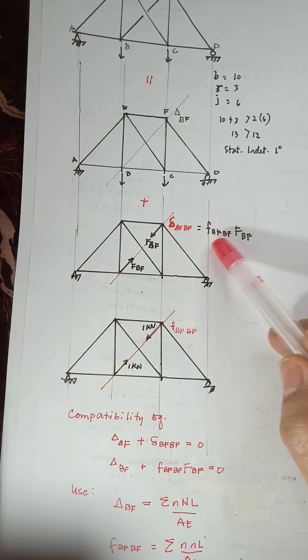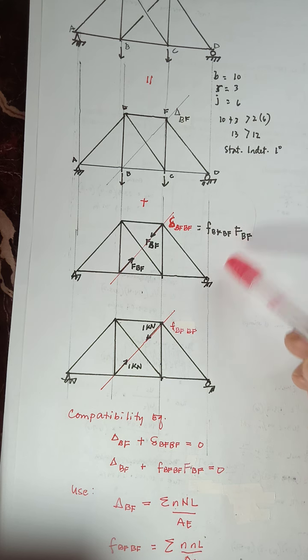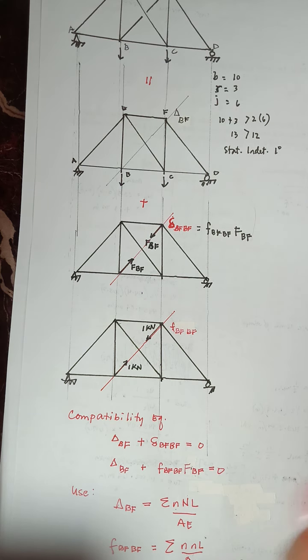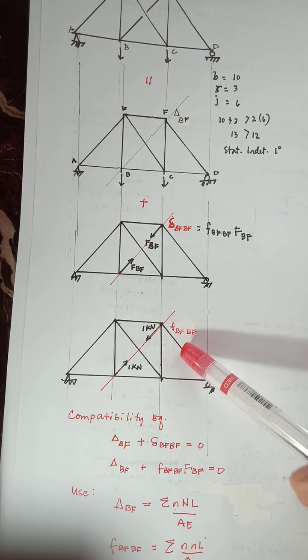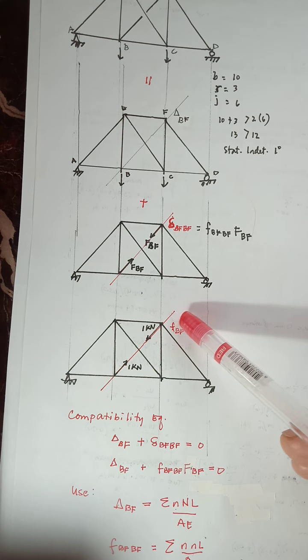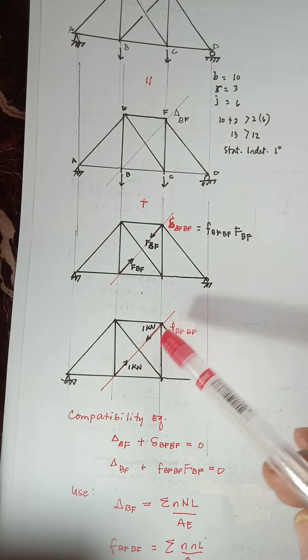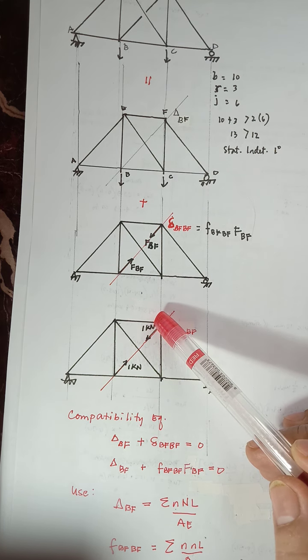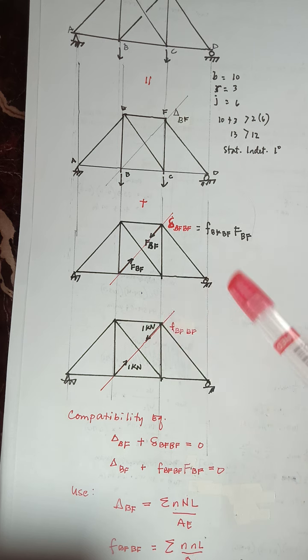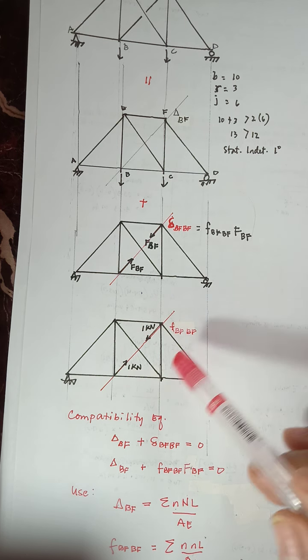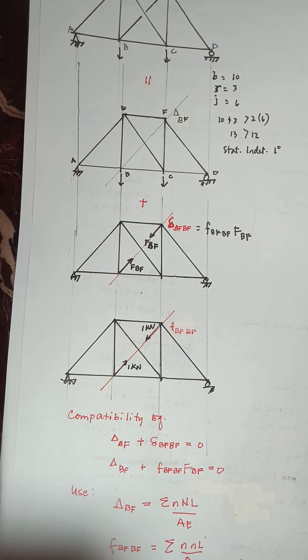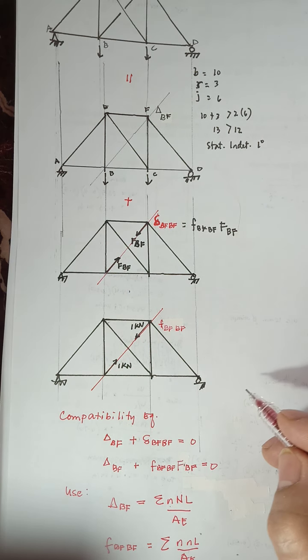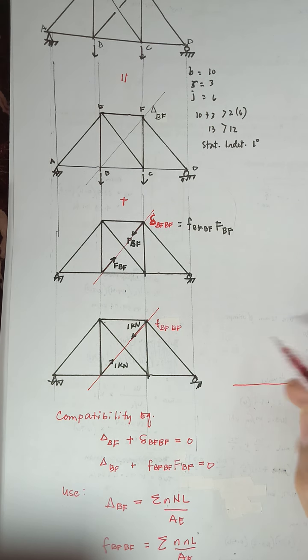Now this f BF BF is called the flexibility coefficient. And how do we solve for the flexibility coefficient? By the virtual work method, you apply a pair of unit load.